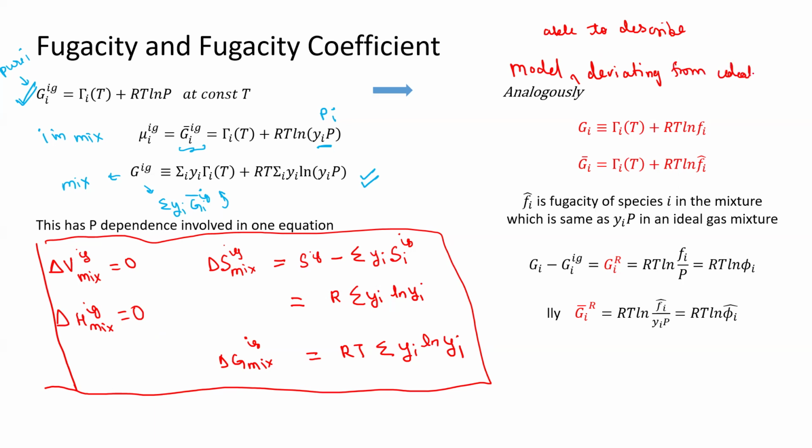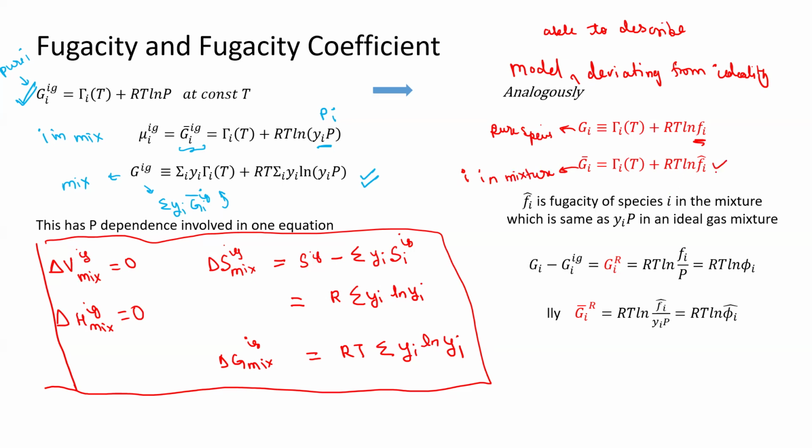In that, analogously, G_i equals gamma_i plus RT ln P, and this will be ln Fi now, here at constant temperature, right? And this is for the pure species, and this is for I in mixture.